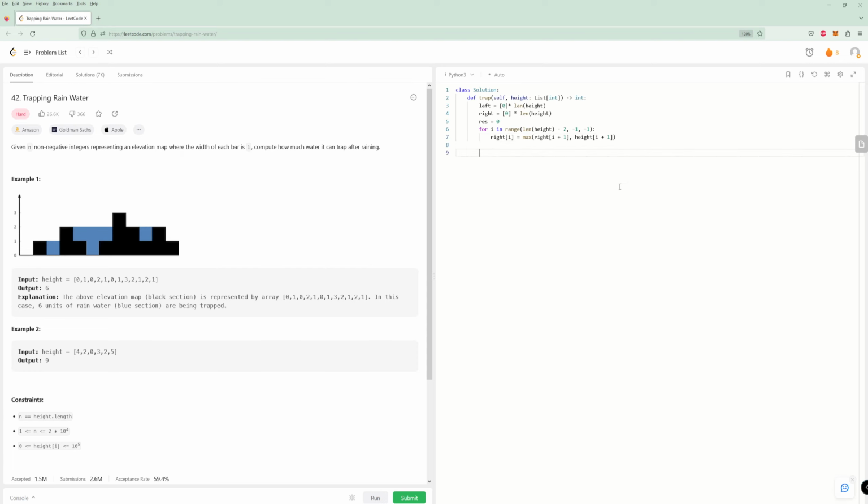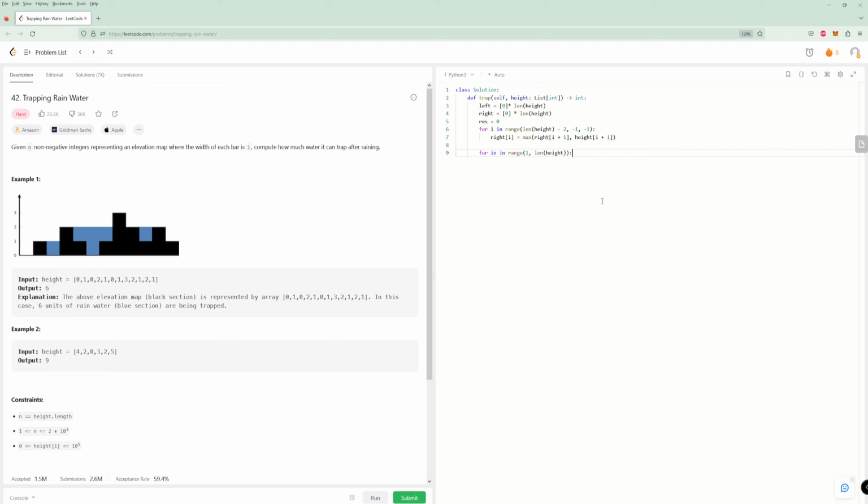Now, like I said, we're going to populate the left and the res at the same time. So for I in range 1 to length of height, same kind of thing. We don't have to check index 0 because at index 0 there's never going to be a wall to the left. So left at index 0 is 0, and res at index 0 should always be 0 as well. Okay, so we don't have to check that.